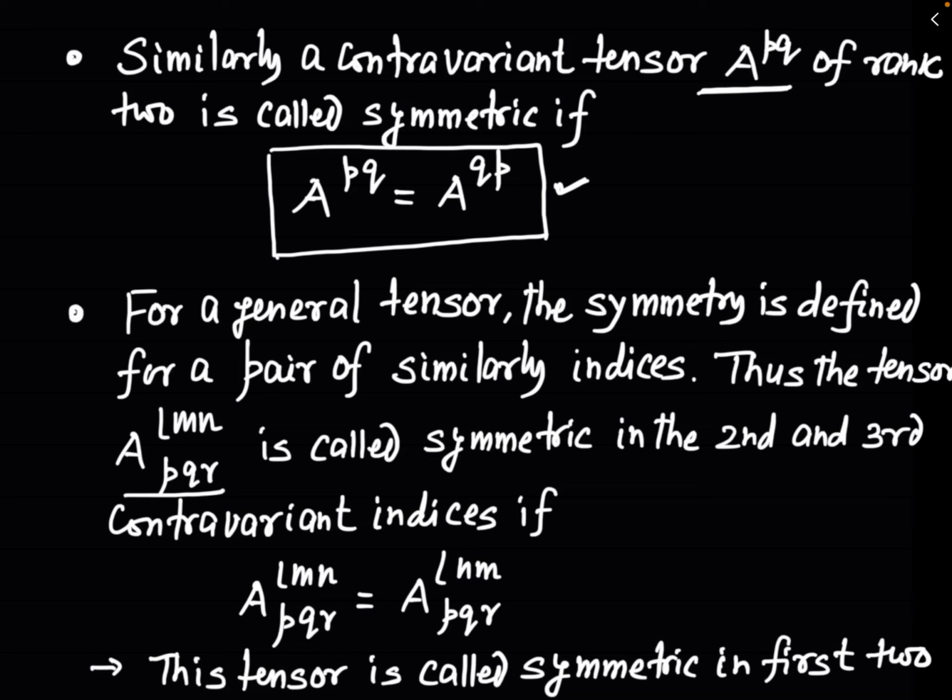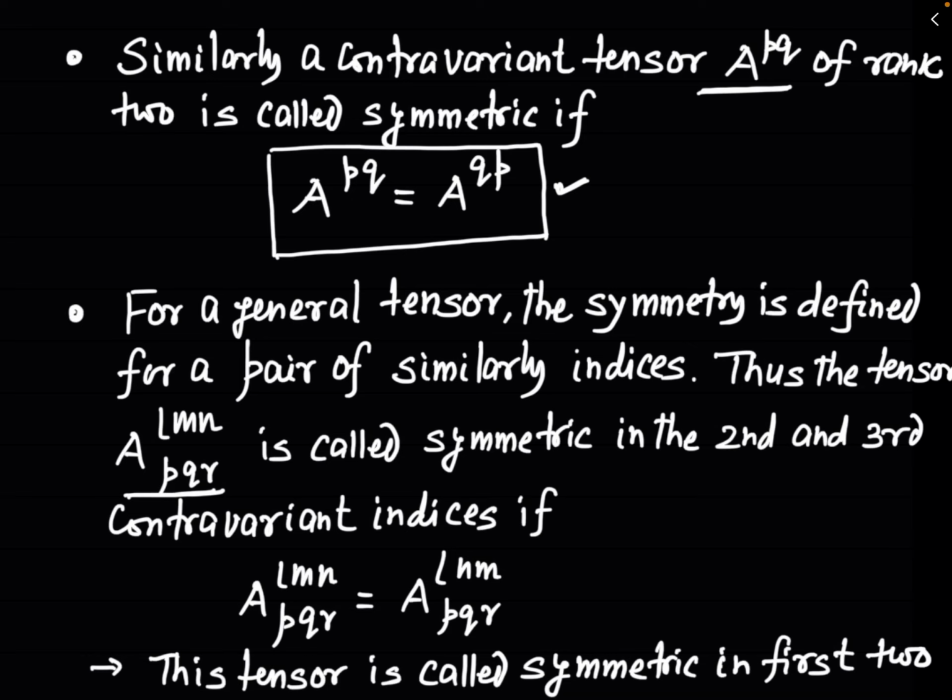When you want to define the symmetry property in a tensor like this, which is a mixed tensor of rank 6 here, but this may be of any rank, then one thing you should mark here. We always define the symmetry with respect to the similar indices.